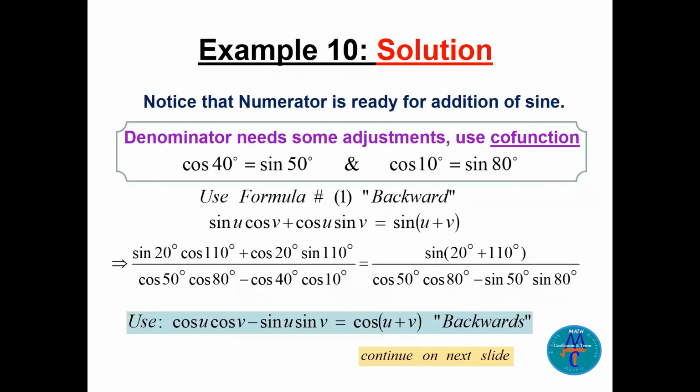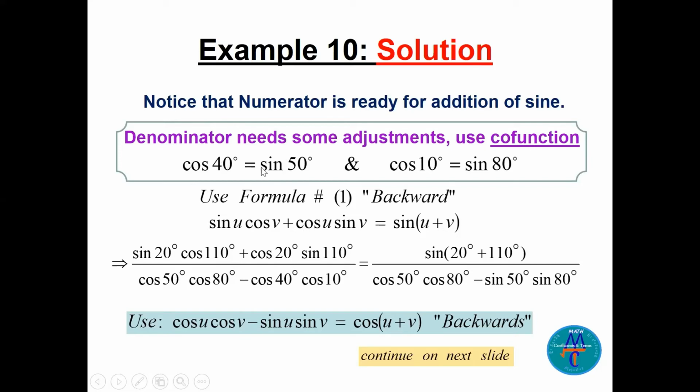I think, see, the numerator is ready for the addition formula of sine. The numerator here, sine 20 cosine 110 plus cosine 20 sine 110, so that's directly sine of 20 plus 110. But for the denominator, we need some adjustments. Cosine of 40, I can make it sine 50 by cofunction.